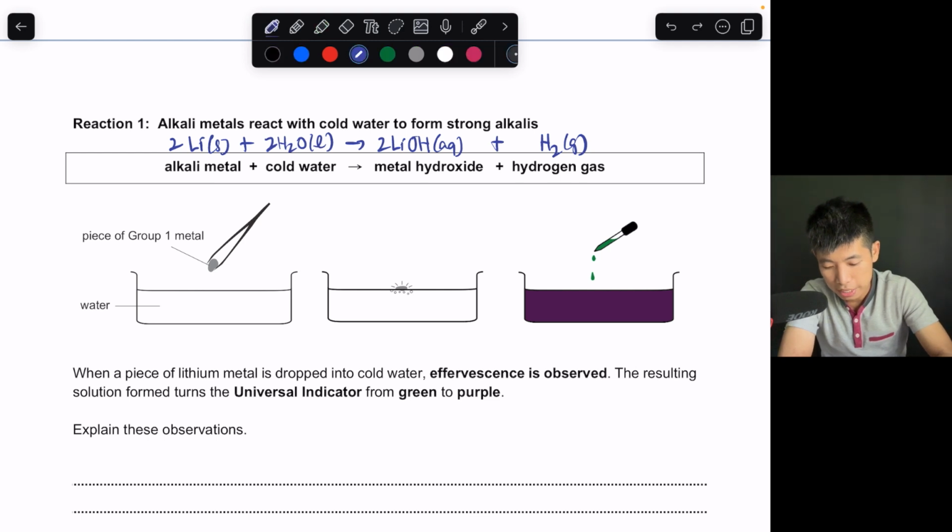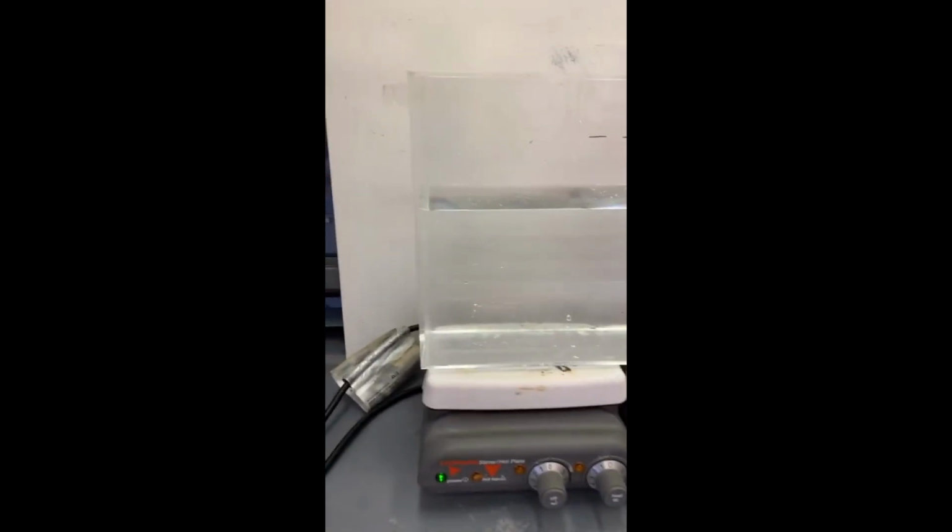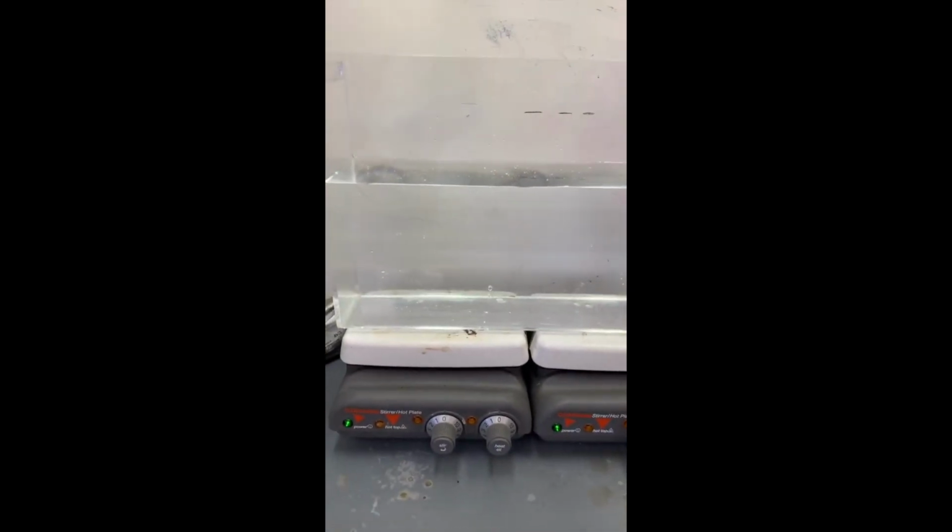The universal indicator is actually green, but when added to the solution it turns purple because this is actually a strong alkali. Got a nice water bath set up. I'm going to add some universal indicator and then stir it up.